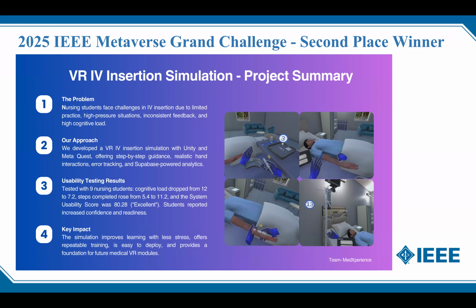Using the VR technology, the simulation provided step-by-step guidance, because that's a valuable guidance there, interactive feedback and performance tracking, and they shared some initial testing as well, showing how they increased learner confidence, reduced the cognitive load, and had positive usability outcomes.